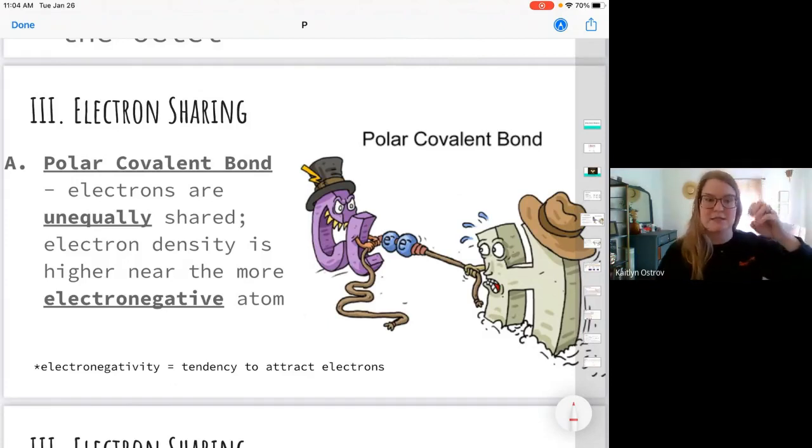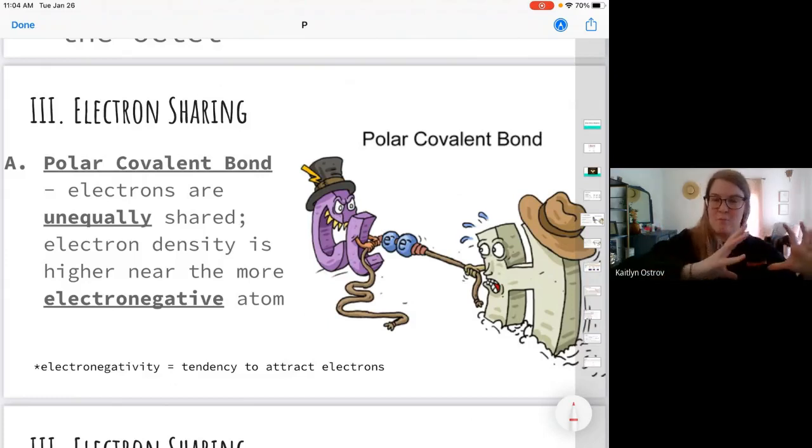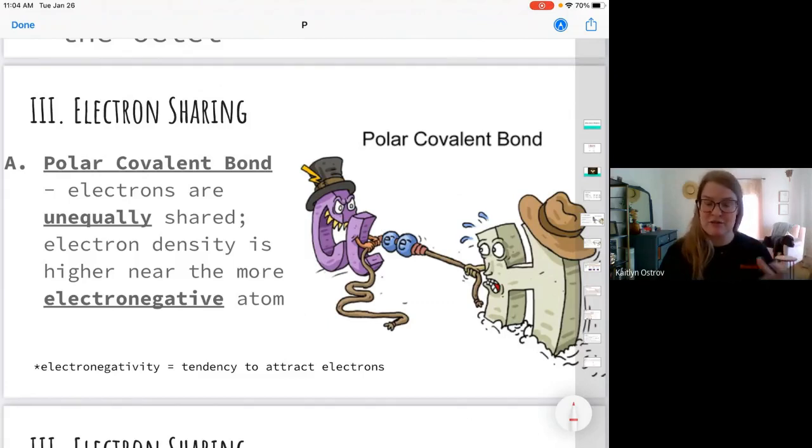They're two opposite ends. And so when you have a polar covalent bond, one of the atoms hogs those electrons a little bit more, so that electron cloud is going to be more dense over the more, we call it, electronegative atom. And if something's electronegative, it just means it has a greater tendency to attract electrons to it.